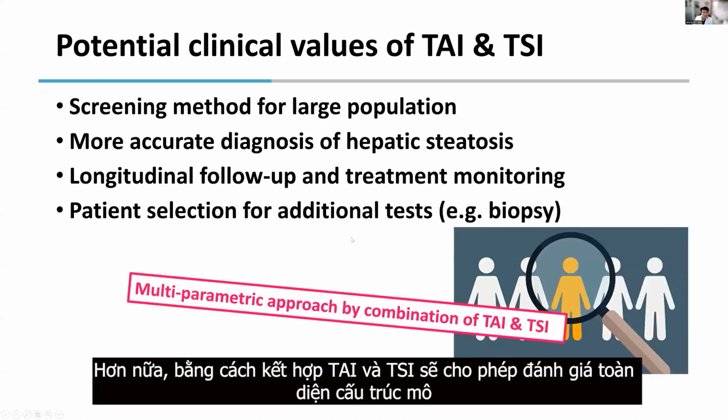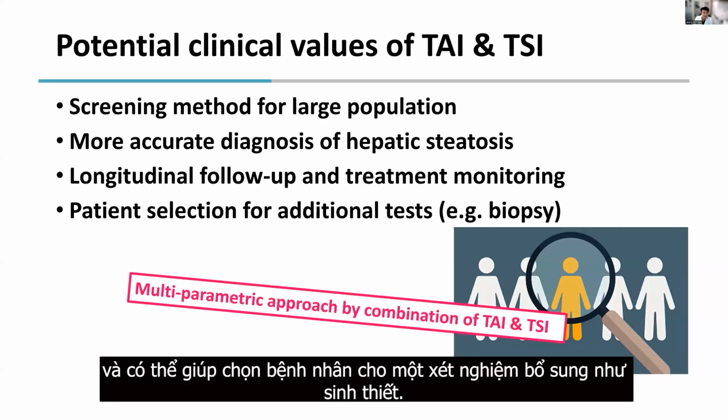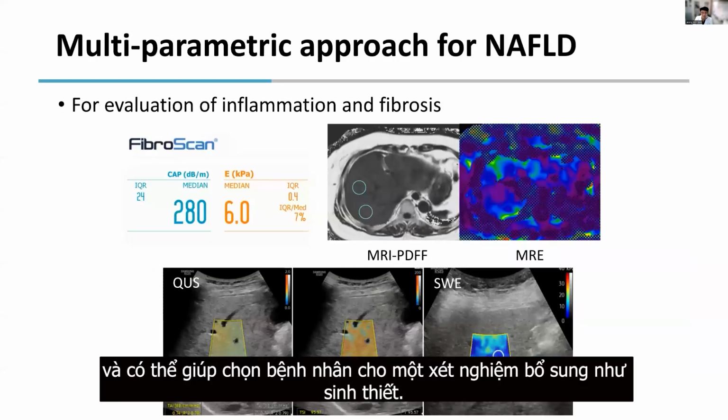Moreover, a multi-parametric approach by combining TAI and TSI may allow comprehensive evaluation of tissue composition and can help select patients for an additional test, such as biopsy.